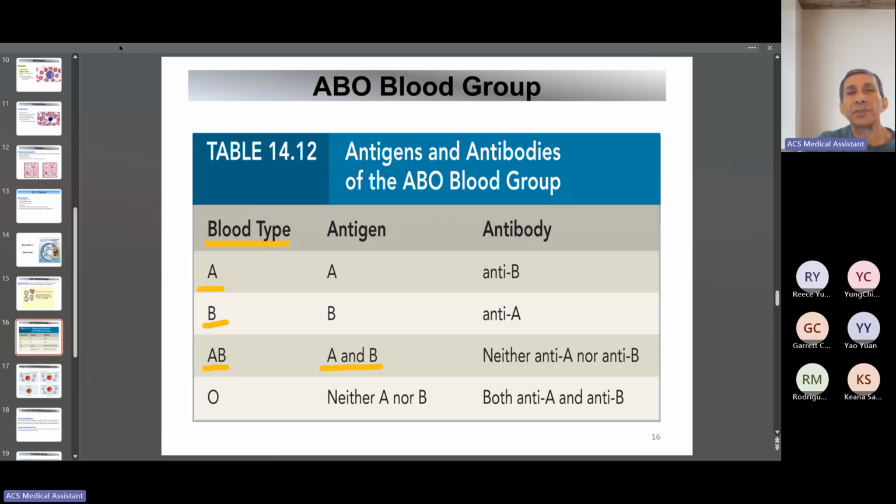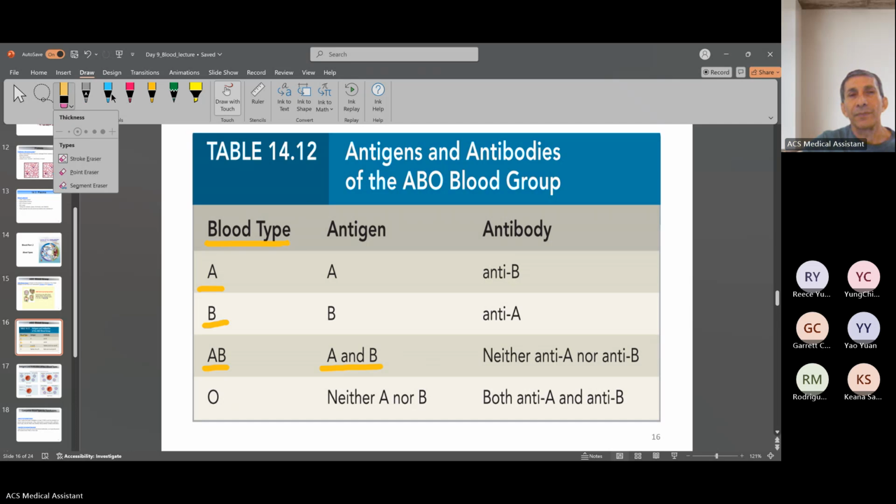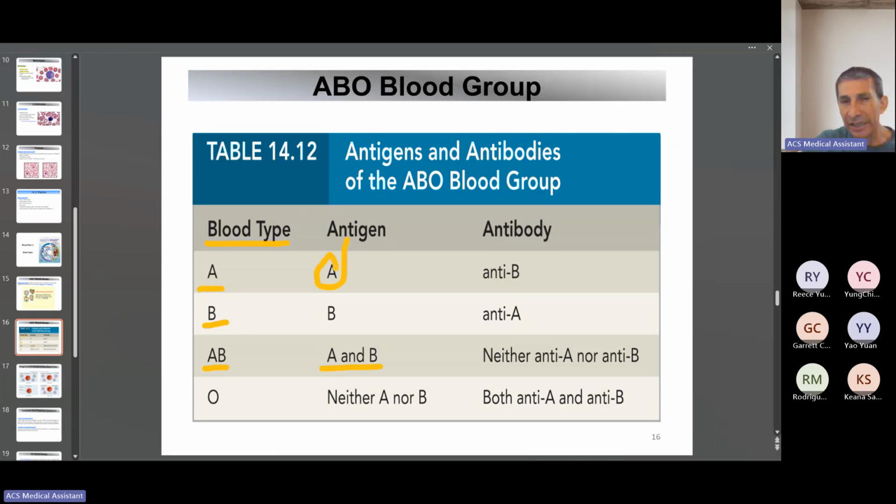Now let's move to type O because it's very, very particular. We don't have an O antigen. Remember, antigens can be A, B, or AB, but we don't have O antigens.